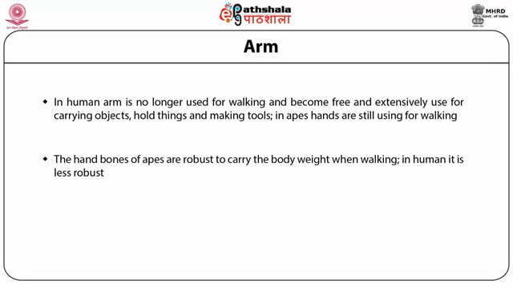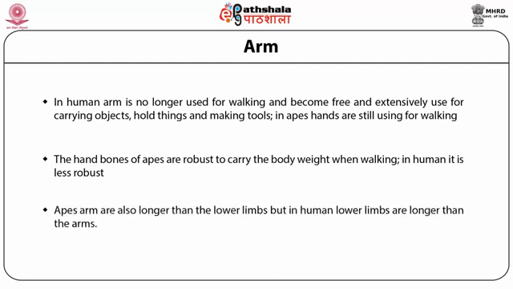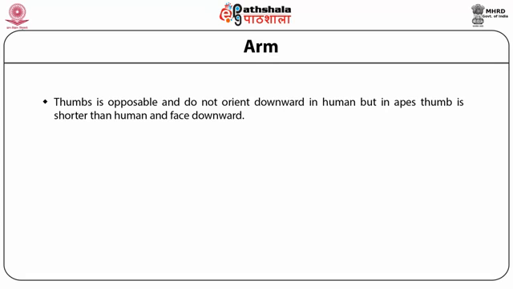The human hand becomes less robust. Apes' arms are also longer than the lower limb. But in humans, the lower limbs are longer than the arms. The thumb is opposable and does not orient downward in humans, but in apes, the thumb is shorter than in humans and faces downward.